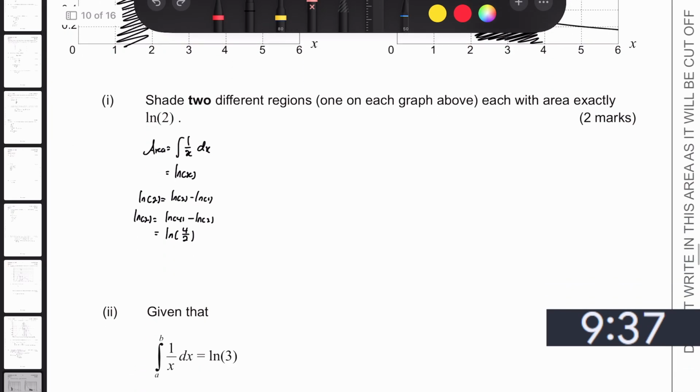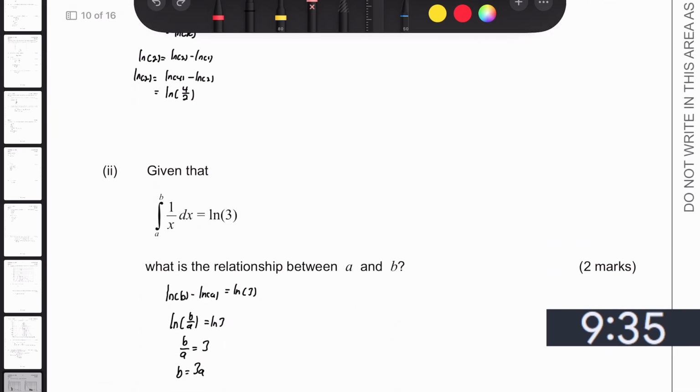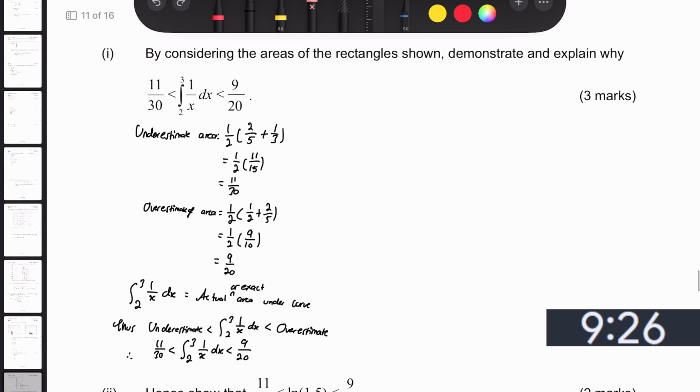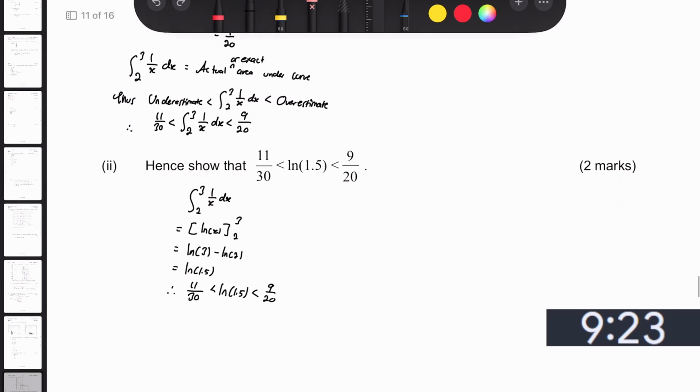So 1 to 2 and then 2 to 4. Relationship between a and b. And b on a is 3. Consider errors between y. So underestimate, overestimate, and then that.